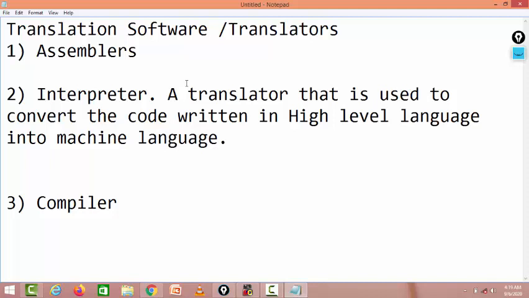Yes, that was the definition. But what is the difference between the assembler and the interpreter, or the compiler? There's a slight difference in these types. In the interpreter, it works in a line by line manner. Keep this in mind, line by line.